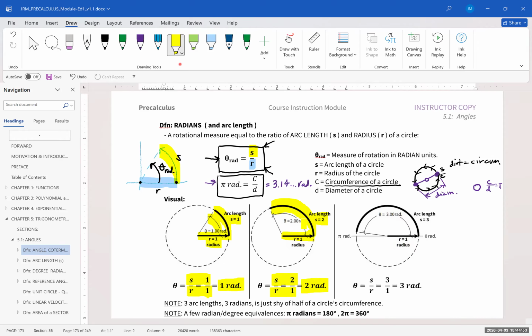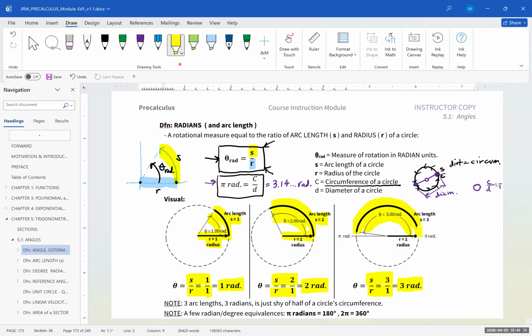2 radian rotational measure. And if we go one step further, and we increase the length of the arc, so the distance around the circumference, to 3, you can see that's 3 times longer than what we started with. We have an arc length of 3 with a radius of 1, and that ratio of 3 to 1 is 3.0 radians. So that's a 3 radian rotational measure.